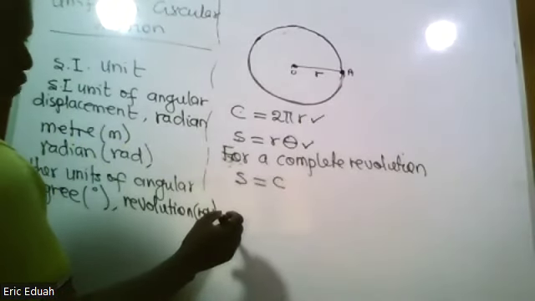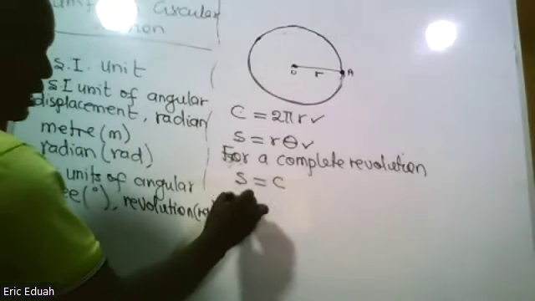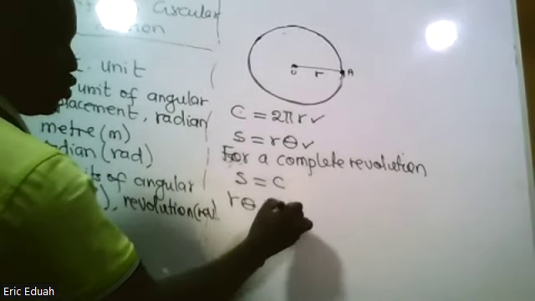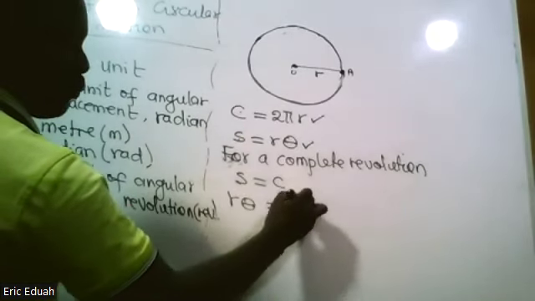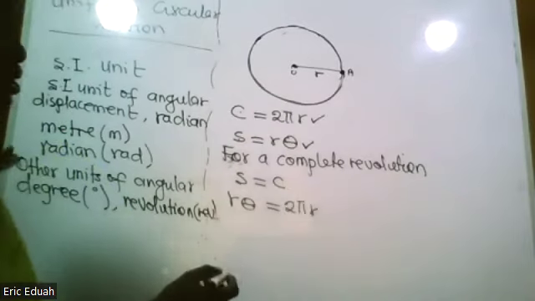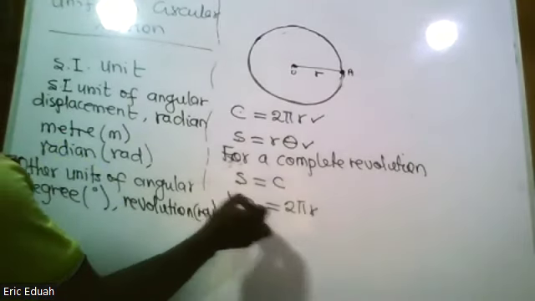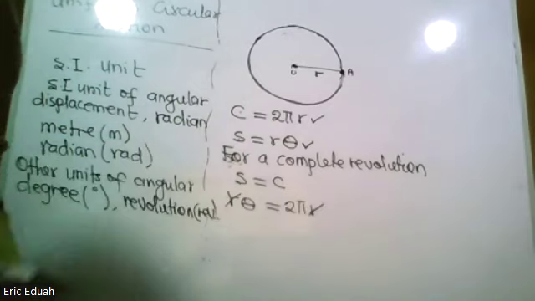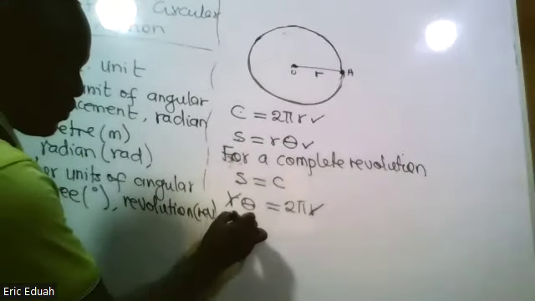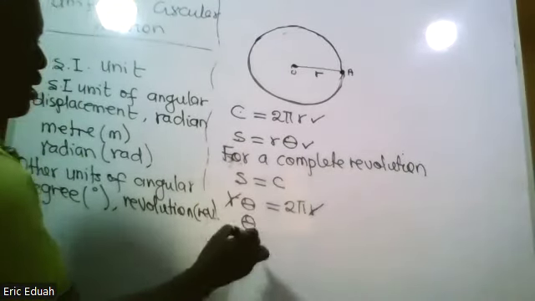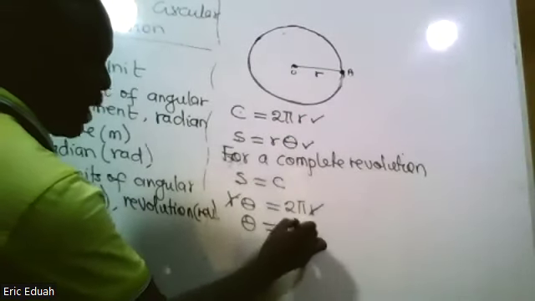So r theta is equal to 2 pi r. Since the radius is the same, theta will be equal to 2 pi.